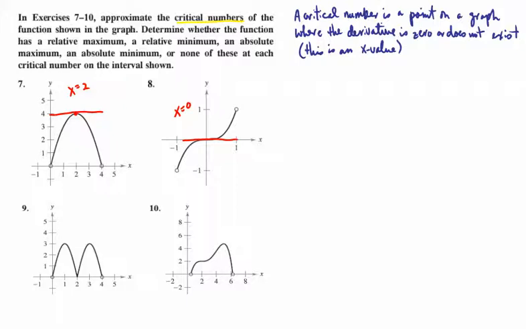So an important note here is that just because you have a critical number doesn't guarantee a relative extrema. So I note that relative extrema, max or min, always occur at critical numbers.